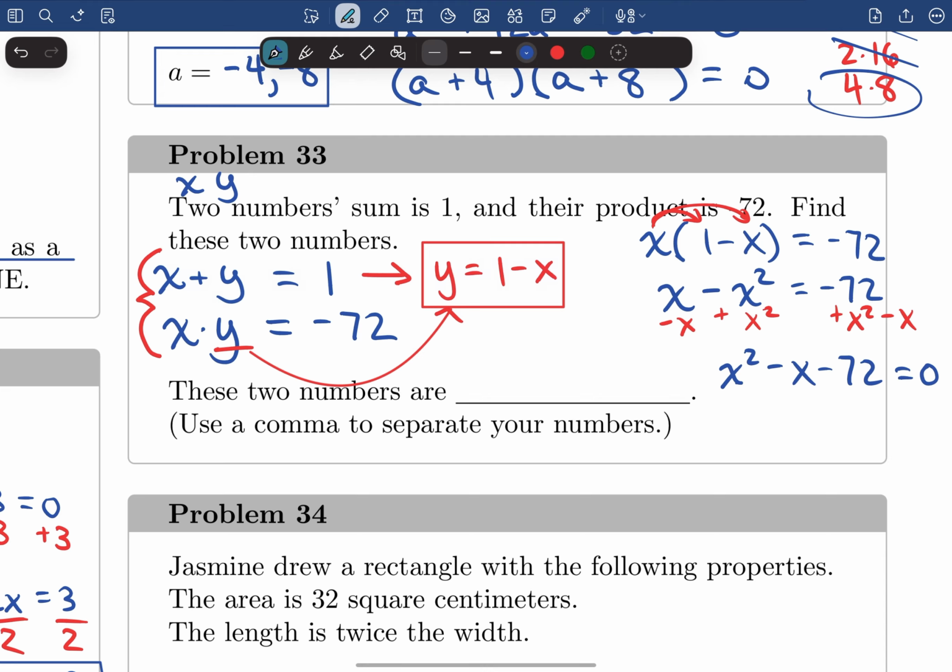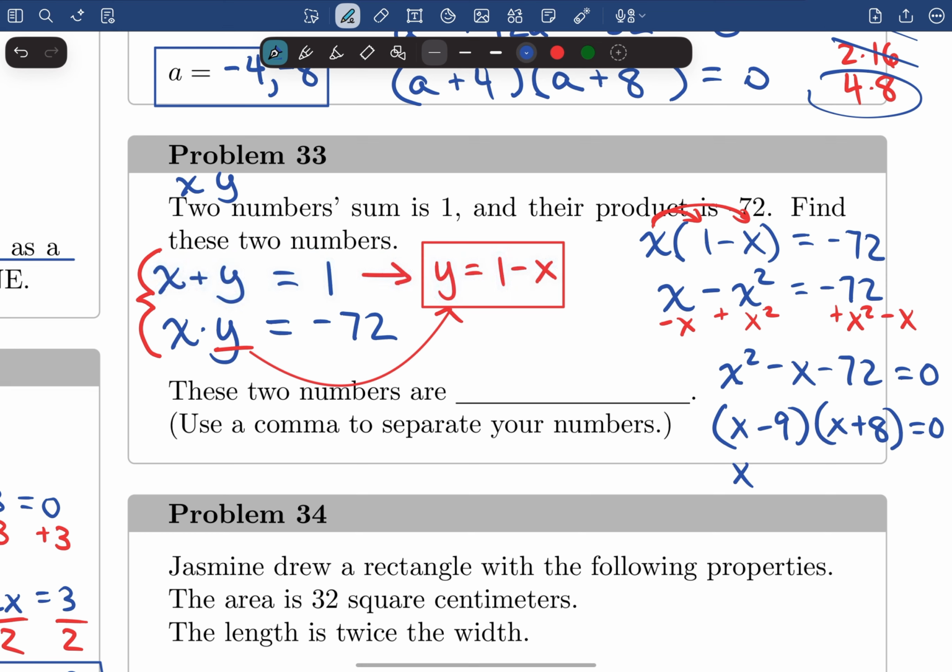And then I think, well, can I factor this quadratic, right? That'll make solving it really easy. And in fact, I can. And it factors to, well, 72 is 9 times 8, right? And that makes sense because I need them to sum to -1, so I'll do -9 and +8, like that. Cool.